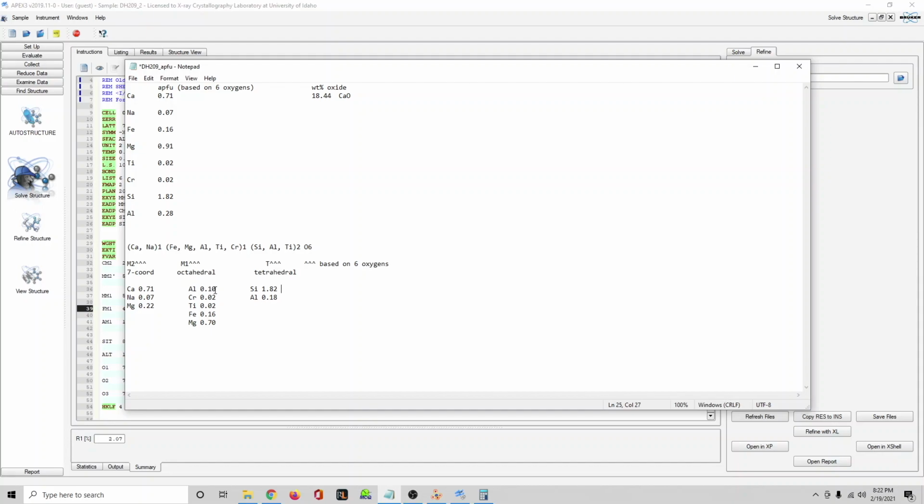I only use a couple of assumptions for this: with the M2 site being the size that it is, calcium and sodium have to go there. The rest, this is kind of an assumption, I'm filling with magnesium, even though the position may be vacant or split between a bunch of other stuff. But because magnesium is so dominant in this, I'm going to put the rest with the magnesium in M2 prime. So Ca and Na will go to M2. M1 will just be the garbage can taking on everything else.